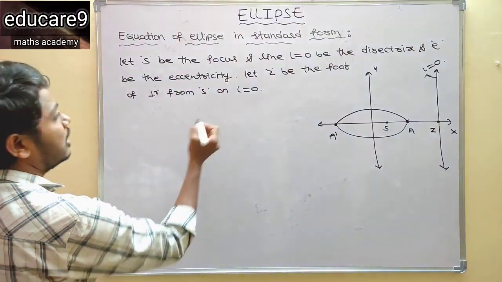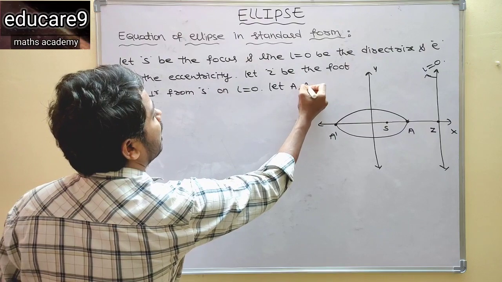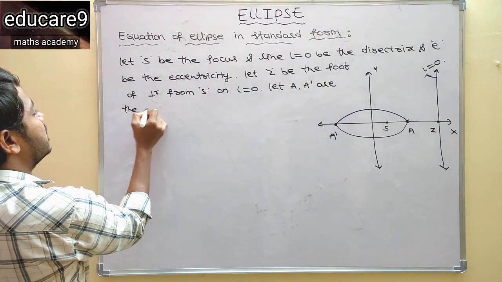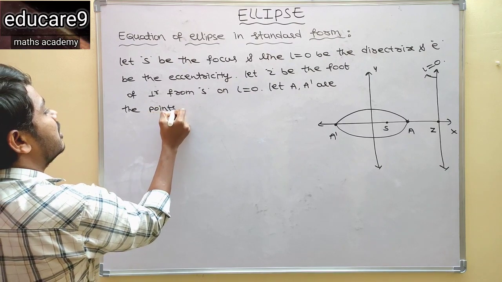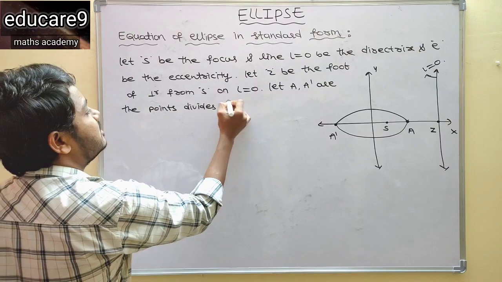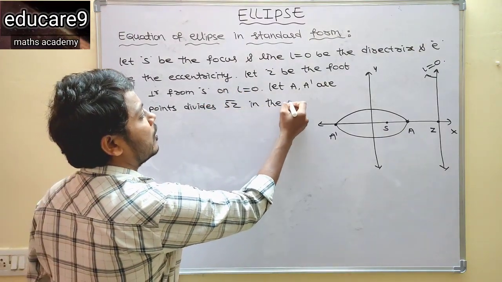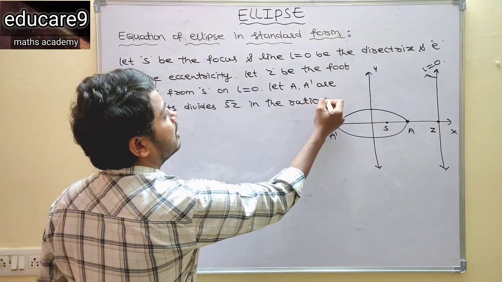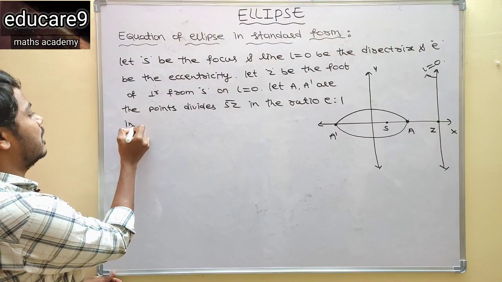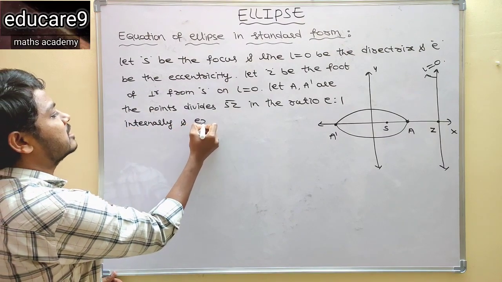Let A and A dash be the points that divide SZ in the ratio e is to 1, internally and externally.